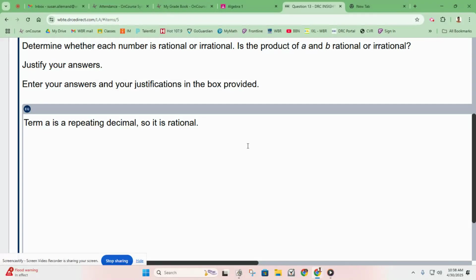Our next term, B, is not repeating or terminating or ending, so it is irrational.